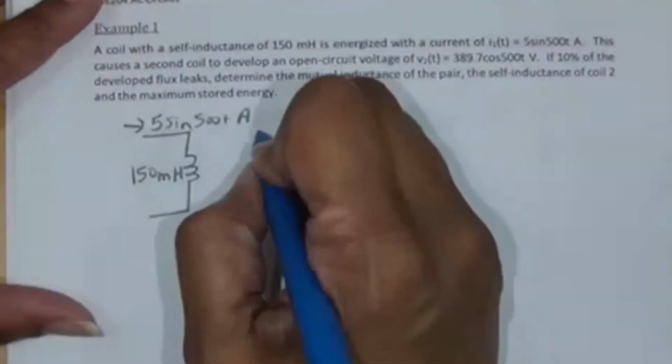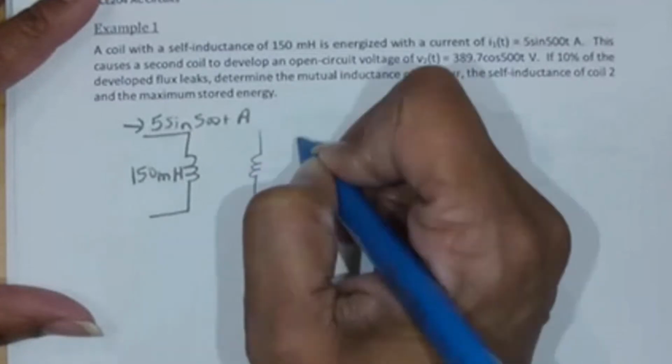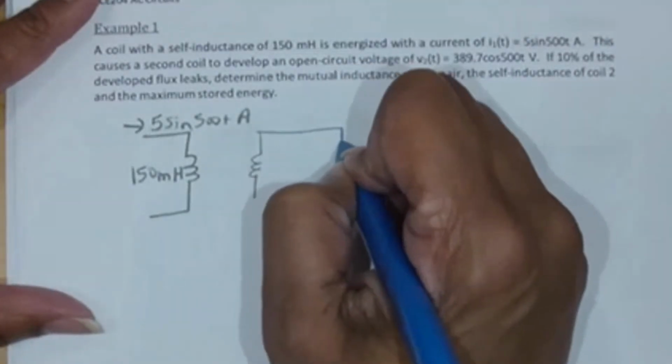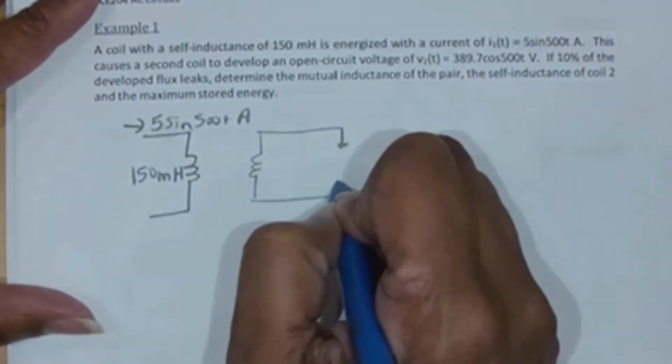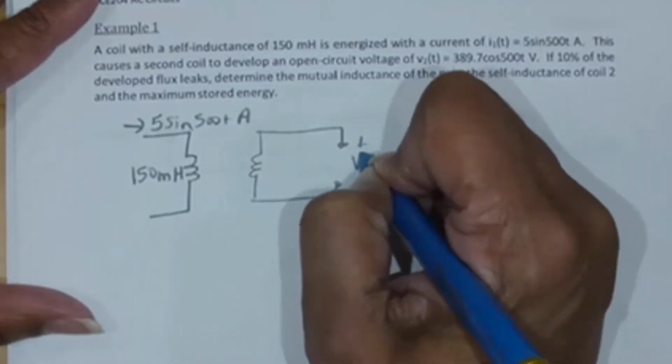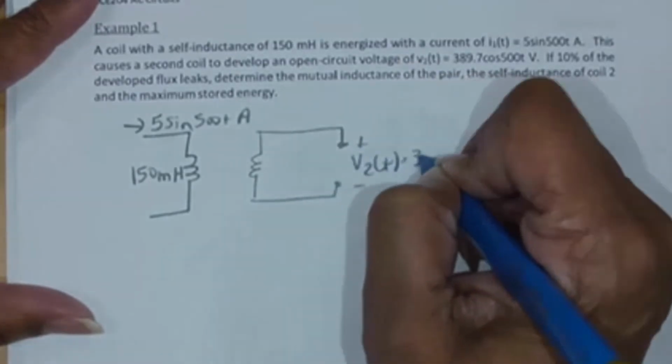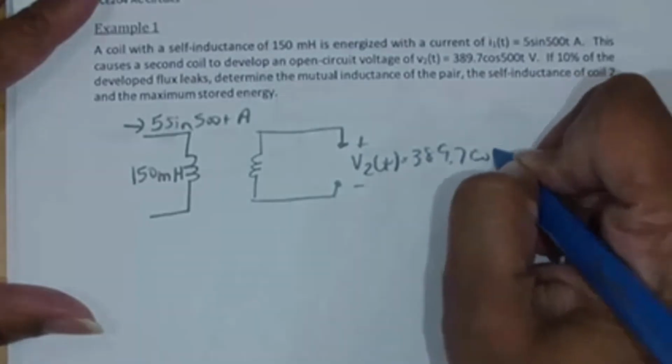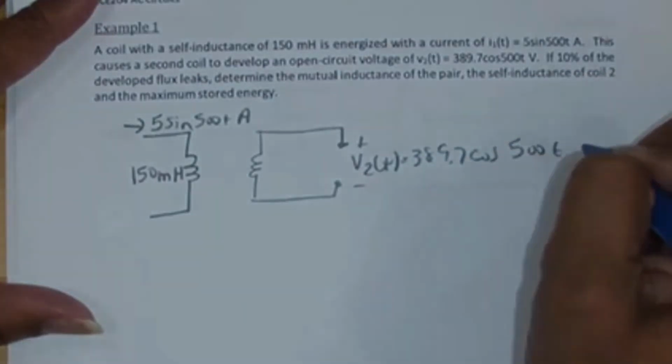This causes a second coil to develop an open circuit voltage of V2 of t equals 389.7 cosine 500 t volts.